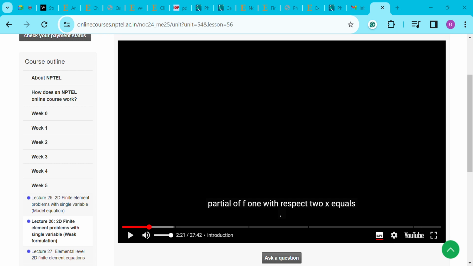Compatibility issue means, let's say you have two adjacent elements, and at the common edge the displacement should be the same, like the primary variable should be the same.